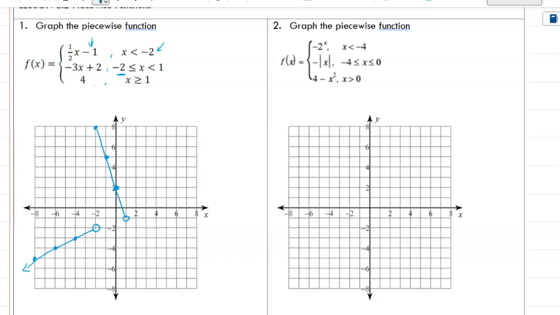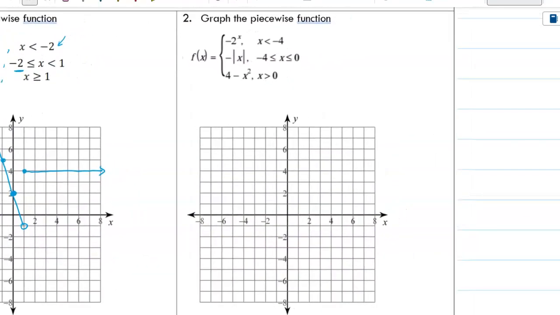There's the rest of my line. -2 is a closed circle here. And starting from 1, it is a closed circle and goes all the way to the right. Okay, good job guys.